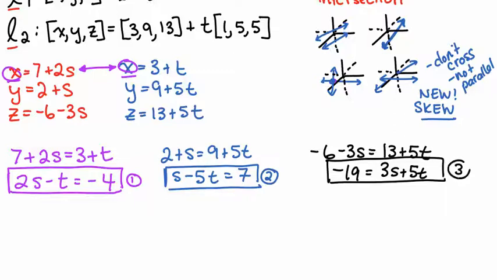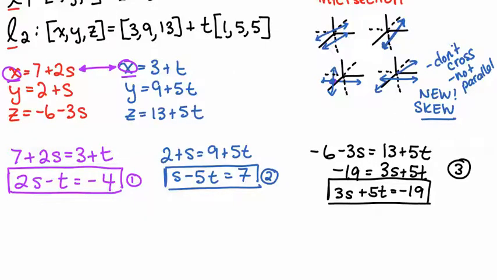And that's equation 3. I'm just going to rearrange that so I have them all on the left side. Cool. Okay, so now I've got 3 equations and just 2 unknowns.